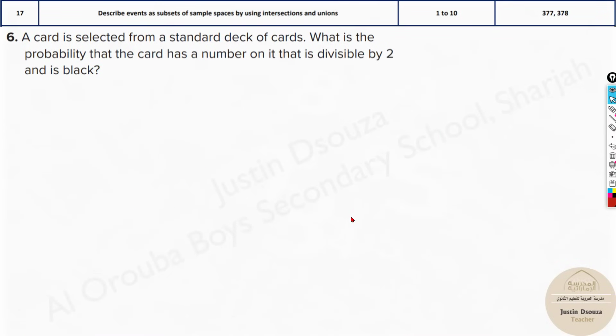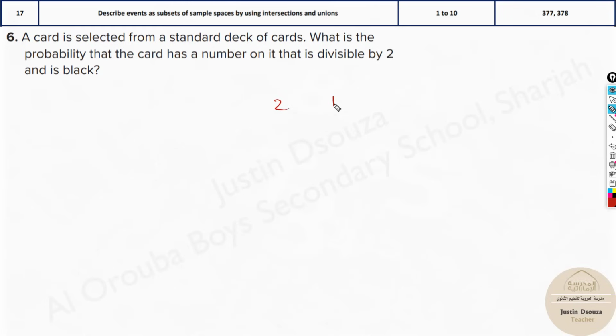Now try this by yourselves. A card is selected from a standard deck of cards. Again, there are a total of 52 cards. What is the probability that the card has a number on it that is divisible by 2 and it is black? Now, if you think practically, let's see which are the numbers which are divisible by 2 in the cards.